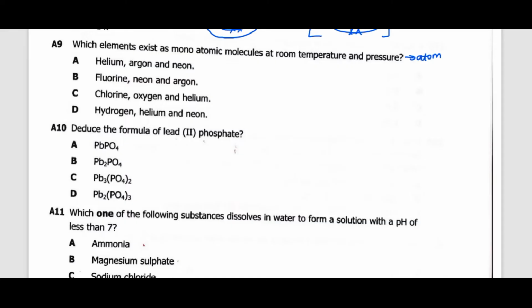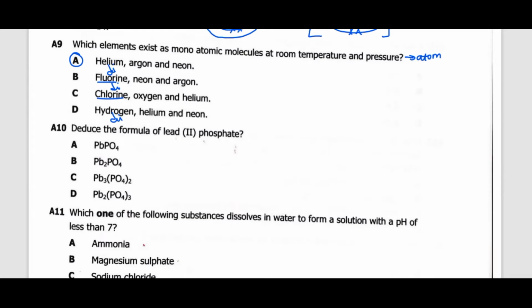So we can see that our answer is A, because helium, argon, and neon, all these elements are from group 8. Fluorine is group 7. Group 7 exists as diatomic. Chlorine is also diatomic. Hydrogen is also diatomic. So there is no other multiple choice with these elements.